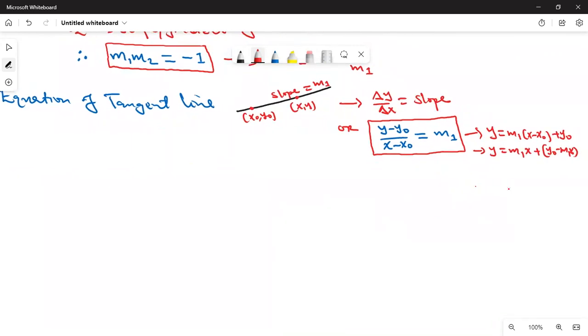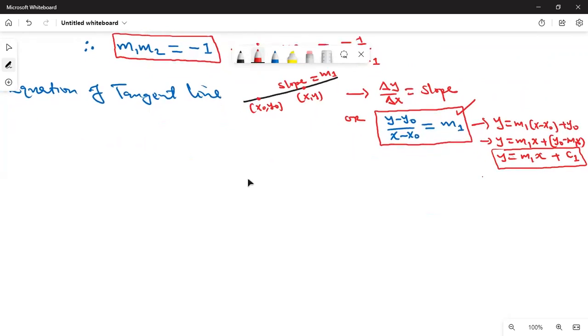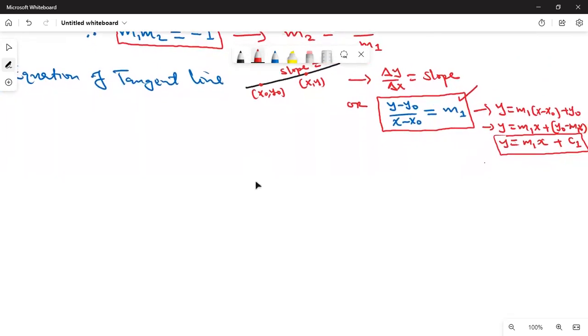Or simply y is equal to m1x plus c. So we can talk of y is equal to m1x plus c1. Another form of writing the equation of the tangent line. But whichever form is okay, even if you leave it as y minus y naught over x minus x naught is equal to m1, that will still give you the equation of the tangent line.